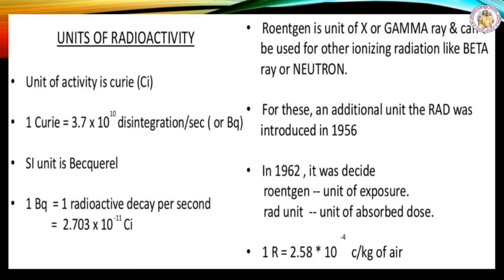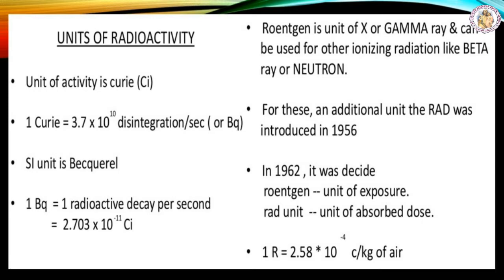So 1 Curie is equal to 3.7 × 10^10 disintegrations per second. The other SI unit of radioactivity is the becquerel. 1 becquerel is equal to 1 radioactive decay per second, that is 2.703 × 10^-11 Curie. Another one is Roentgen.